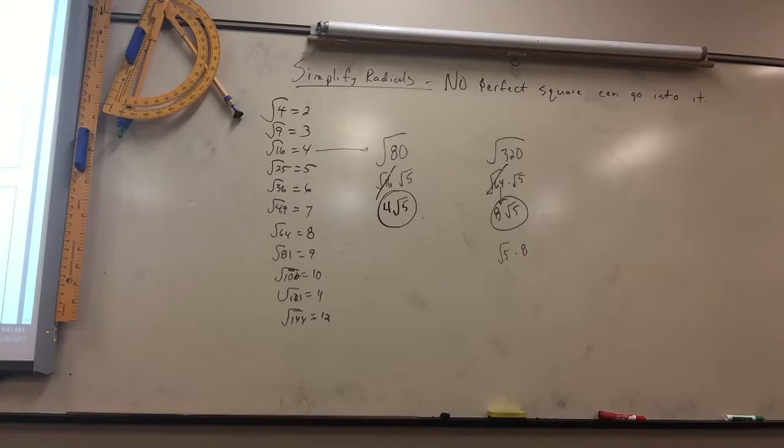Now there's a few more simplifying ones. Let's see if that's all we're doing. Yeah, we'll just do these types today. I got to show you some with the fractions though.